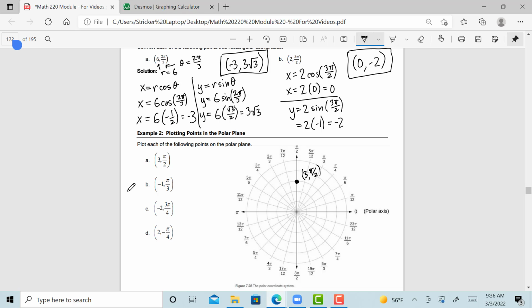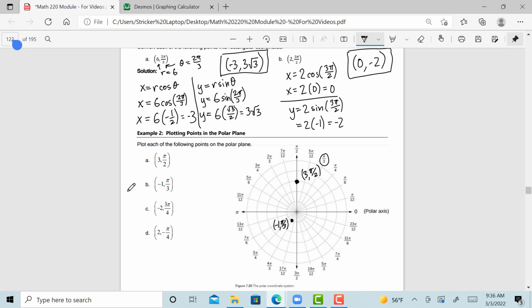Pi over 3 is this ray right here, but the distance is -1, so we have to flip to the opposite side, because it's a negative r value. So this is -1, pi over 3.